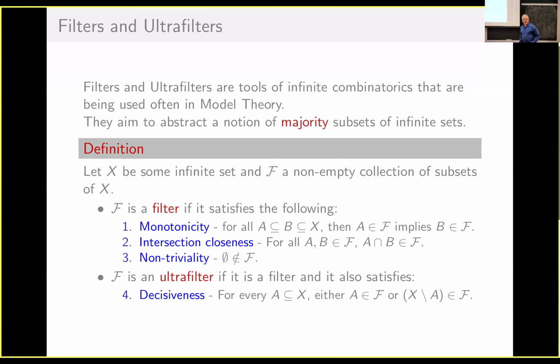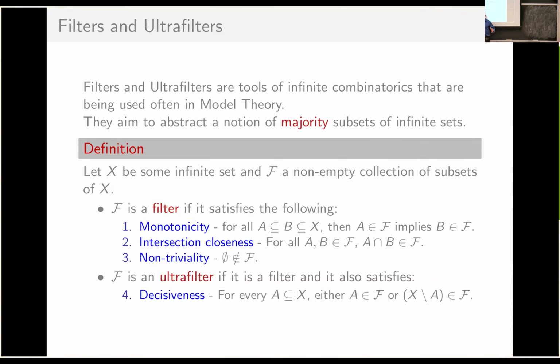So we want to define a notion of majority. If we have a finite set, we know what a majority is: more than half of the participants. But if you have an infinite set, you want to define what the majority is over an infinite set. And that's what filters are trying to say. So F is a collection of majorities.